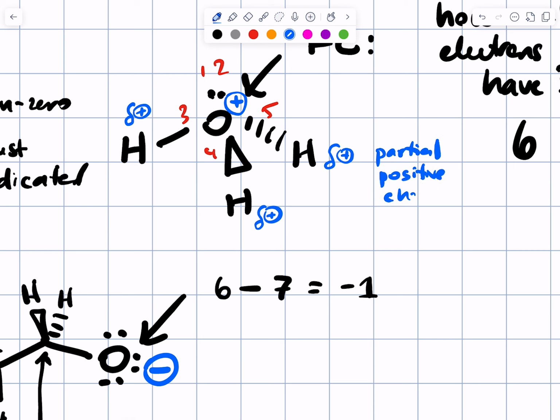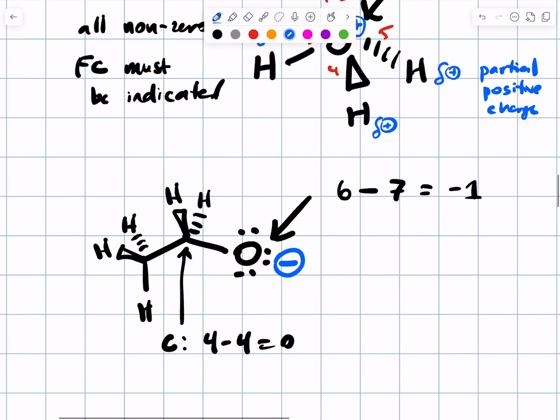Now, you don't have to draw partial positive charges. In fact, most of the time we won't unless I'm highlighting it for you to demonstrate something you should know, but you have to use your electronegativity intuition to help understand the actual distribution of electron density. If you want to know which part of the hydronium molecule is electron poor, it's the hydrogens, not the oxygen, even though the oxygen has the plus formal charge. Does that make sense? So that's why it's formal and not actual charge.